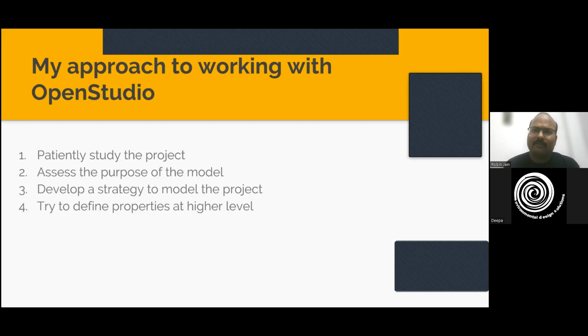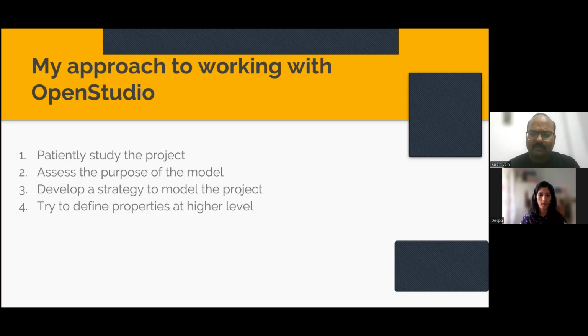But when you are involved at the initial stage, you will be able to give your inputs for the optimization of the parameters. So you have to assess this purpose, and based on that, develop a strategy for how to start with the model.